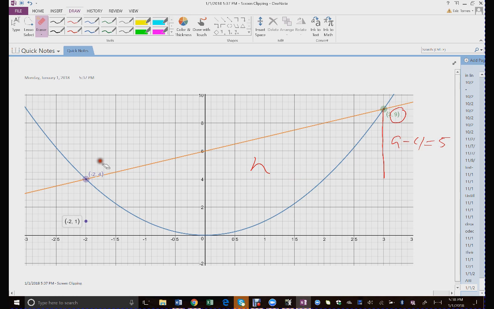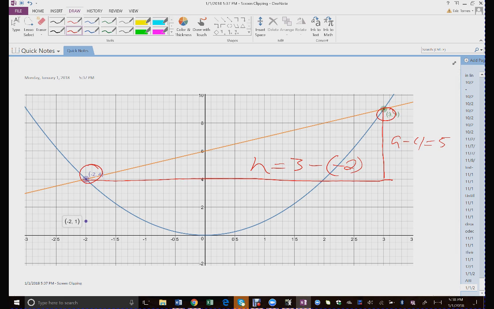Now, for the h value, we're going to take x2, which is 3, minus x1, which is negative 2. Always make sure that you're using parentheses when dealing with negatives.